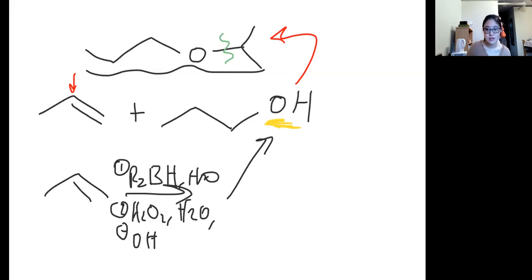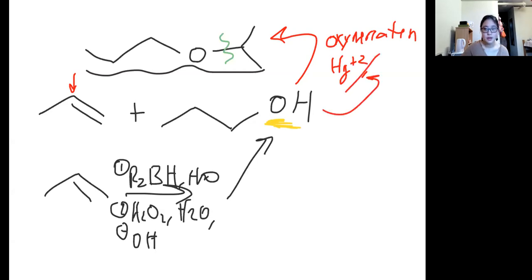Maybe guesses? Yeah, exactly. We could do oxymercuration with this alcohol as a solvent. Does that make sense to everybody? So it's like we're taking this alcohol, putting it vertical, and just sticking it on the top.